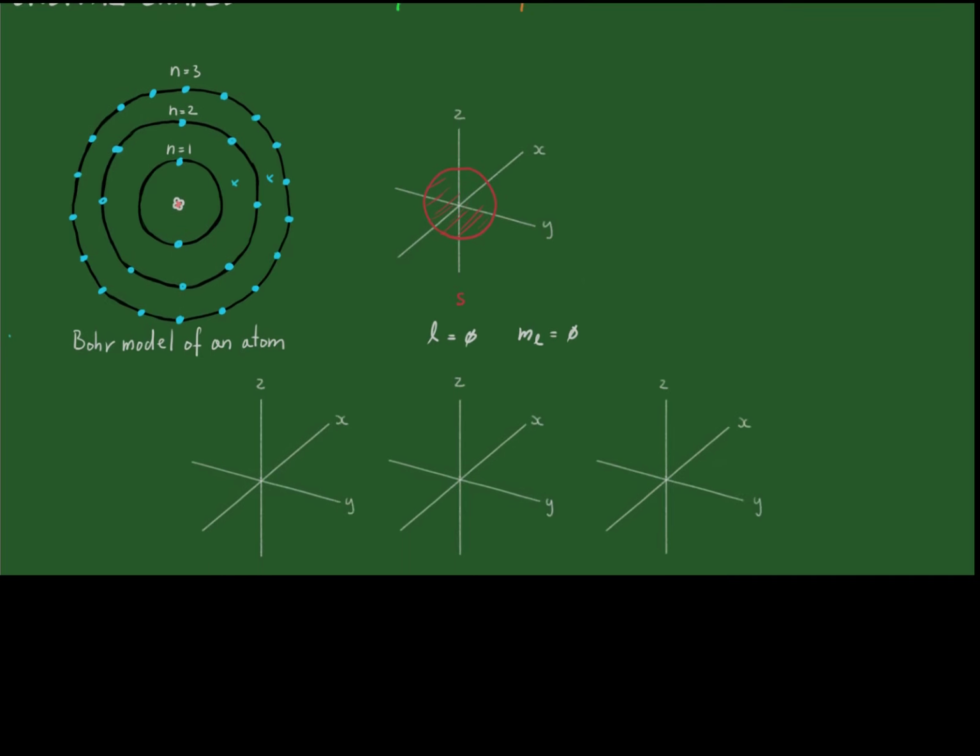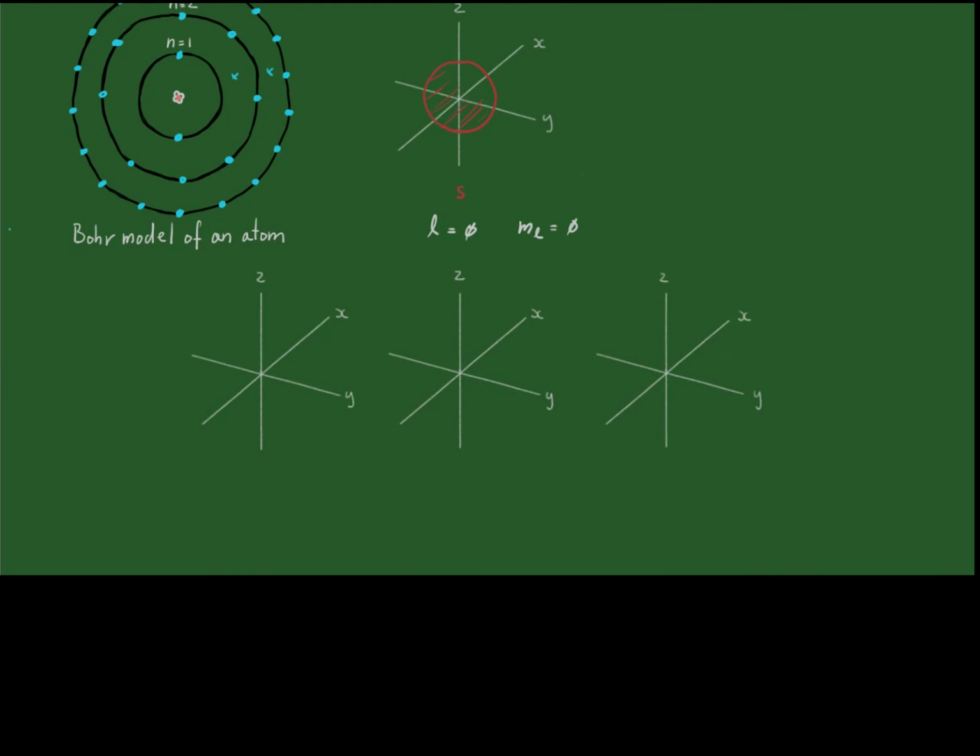So the next ones are p orbitals, and they are in the shape of a dumbbell. The angular momentum number L for all of them is 1. The magnetic number ml can again range from minus L to plus L. In this case, that means that the possible values are minus 1, 0, and plus 1.